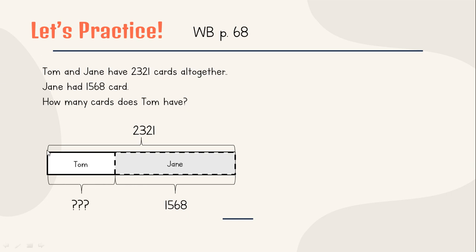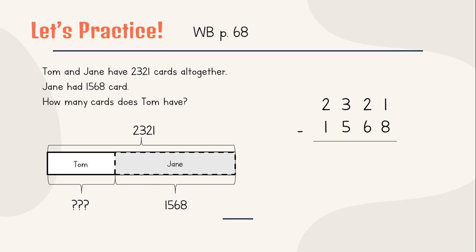Look at this. From here until here is 2,321. Here until here is 1,568. So Tom, will we plus or minus? Look at Tom's model. Is it the smallest? Is it less than all? Yes. So what do we have to do? Minus it.